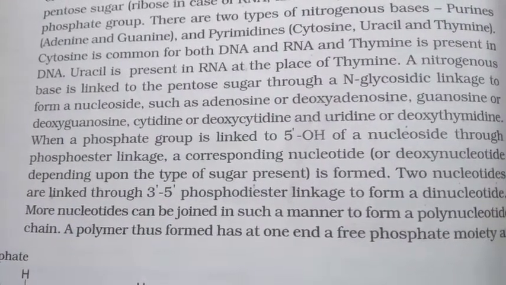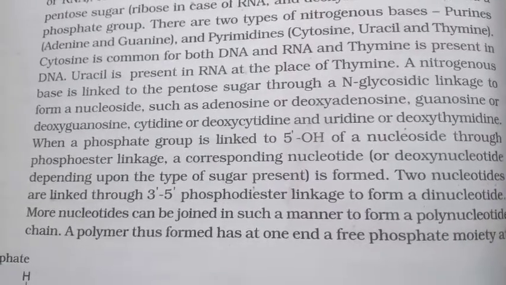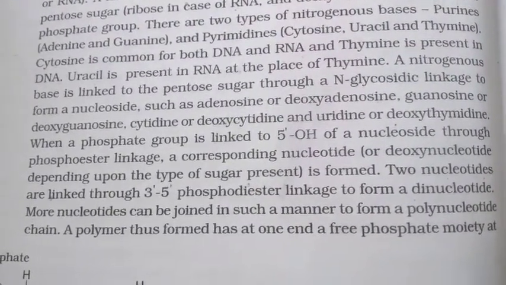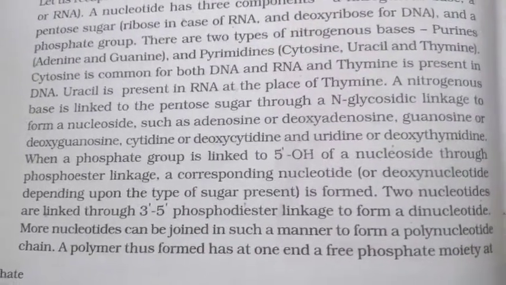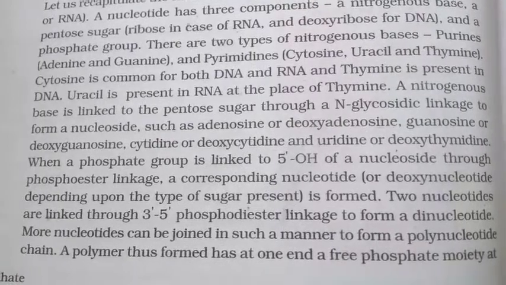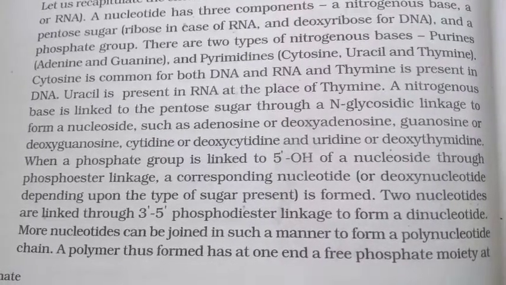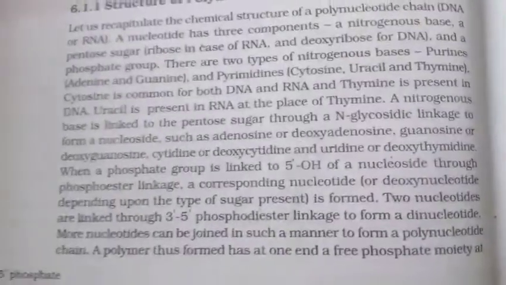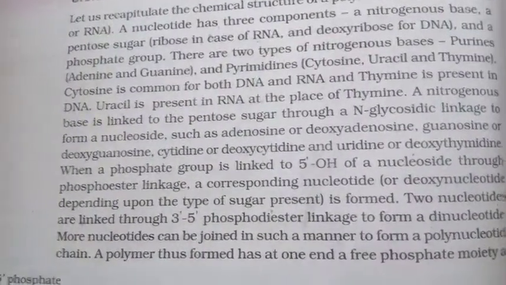And when a phosphate group is linked to 5'OH of a nucleoside through phosphodiester linkage, a corresponding nucleotide or deoxynucleotide, depending upon the type of sugar present, is formed, because the sugars differ in DNA and the RNA.